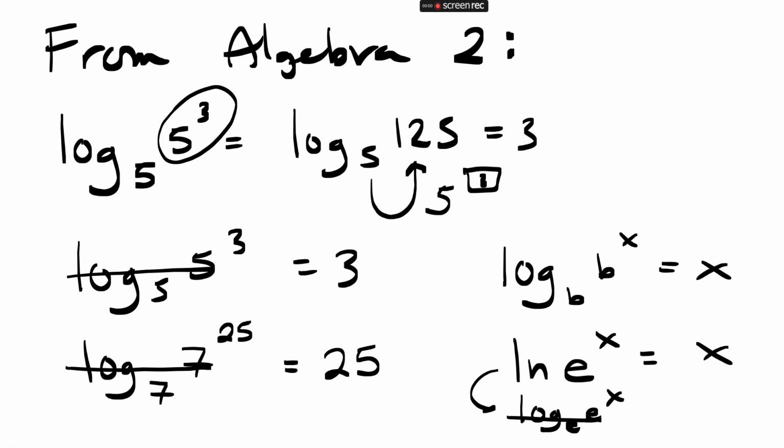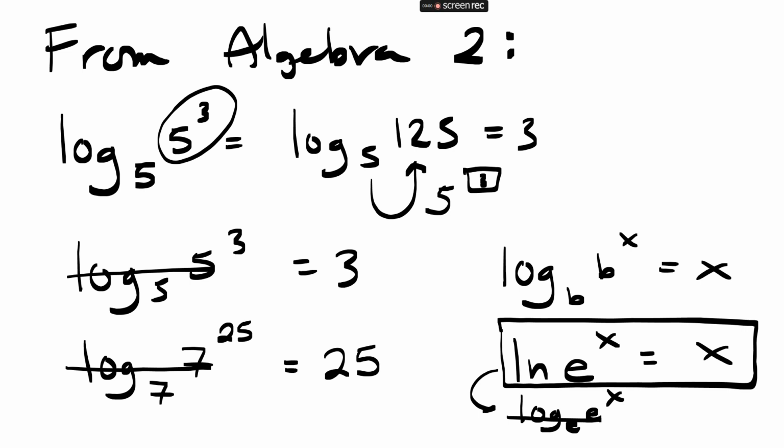That little guy is important as we go through some of the work here. If you see an ln followed by e to the x, or by 3, or by 12, or by any value whatsoever, it's just going to be that value. Okay, boom. One thing we need to know from algebra 2. The next thing.